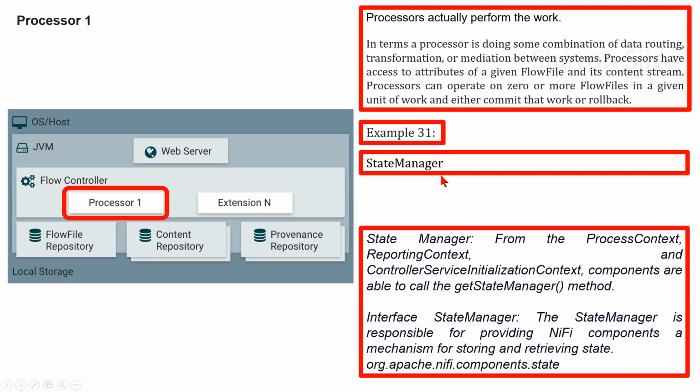This state manager is responsible for providing a simple API for storing and retrieving state. This mechanism is intended to provide developers with the ability to very easily store a set of key value pairs, retrieve those values, and update them automatically. The state can be stored local to the node or across all nodes in a cluster.